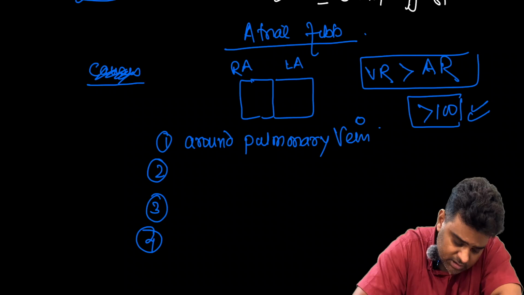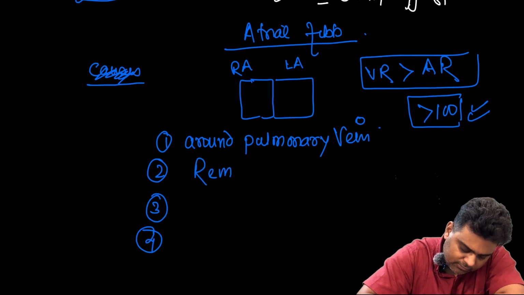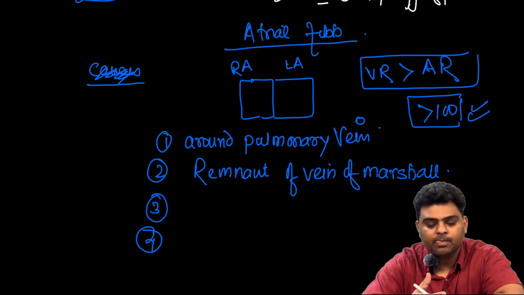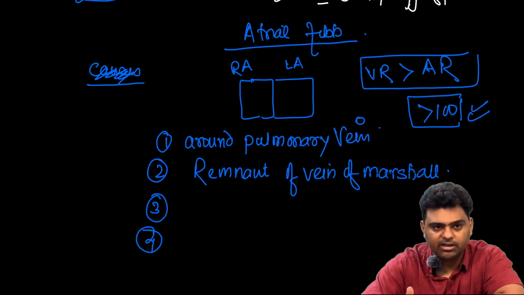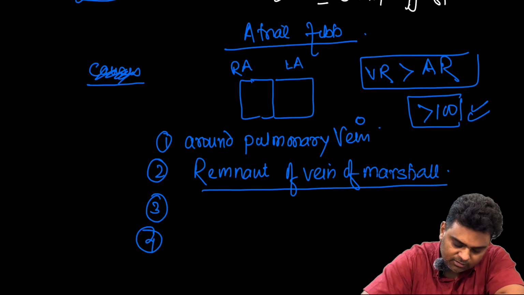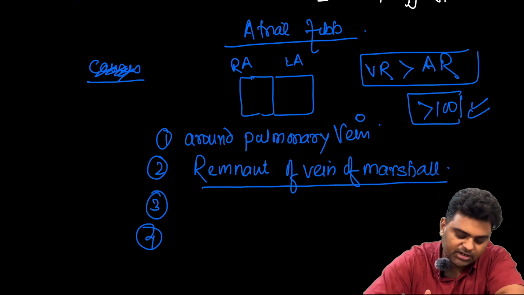Second, there is a remnant of the vein of Marshall. The vein of Marshall is present in the embryo, and it drains into the great cardiac vein, but it is not present in the adult. So at this area, automaticity can develop.